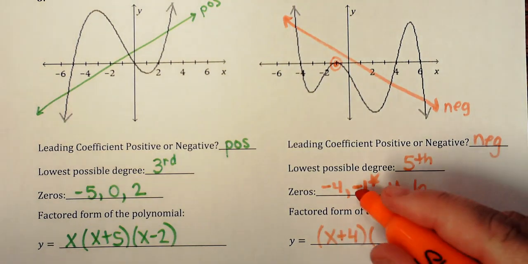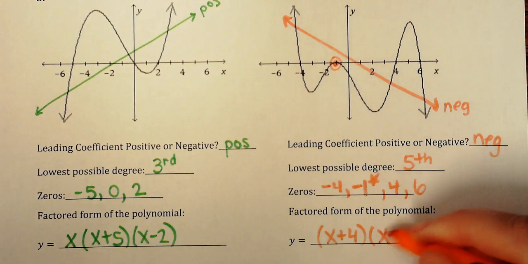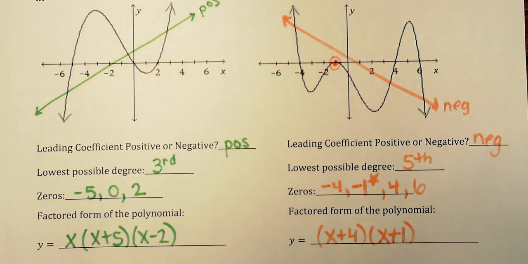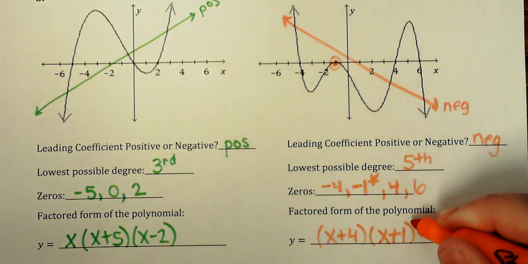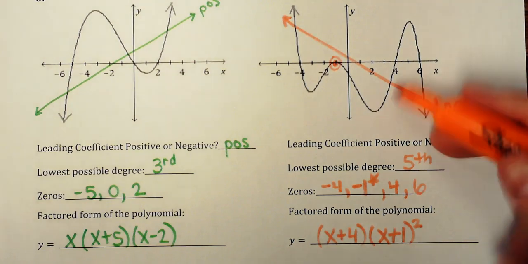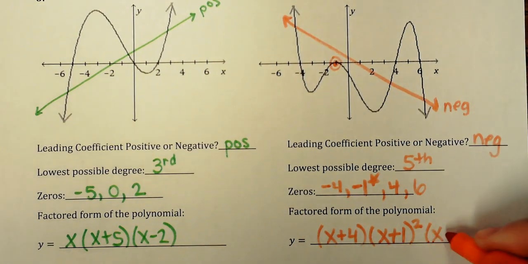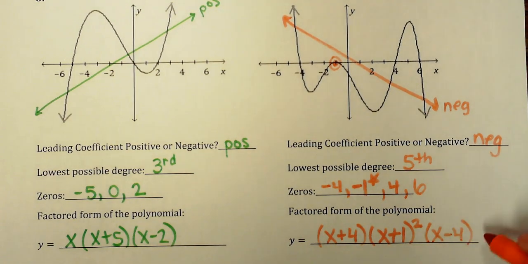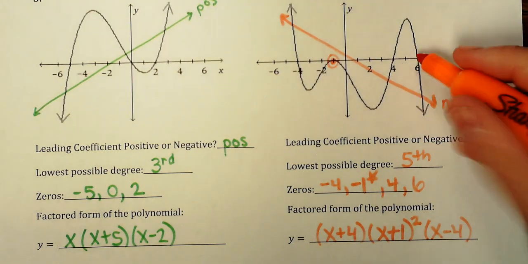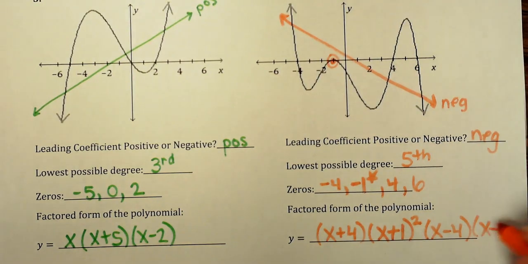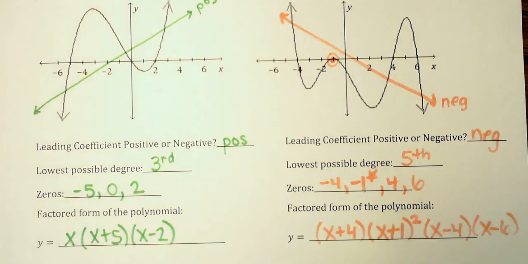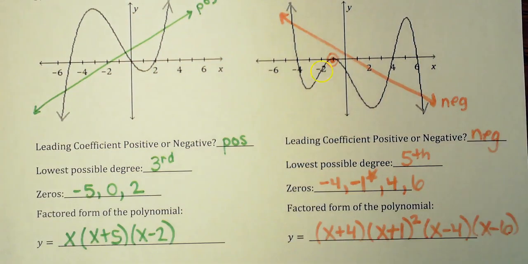I bounce at the negative 1, so I'm going to write x plus 1, and we have to give it an even multiplicity. Again, it could be squared, it could be the 4th, whatever even number you want. I just use a 2. And then the other factors, 4 would be x minus 4 as your linear factor if 4 is your 0, and 6 is a 0, so my linear factor would be x minus 6, and that's my factored form.